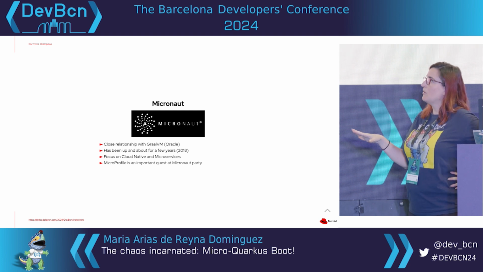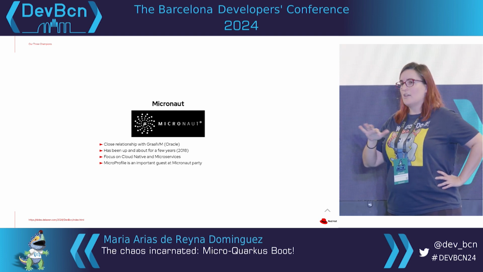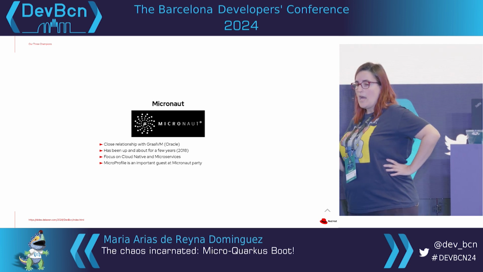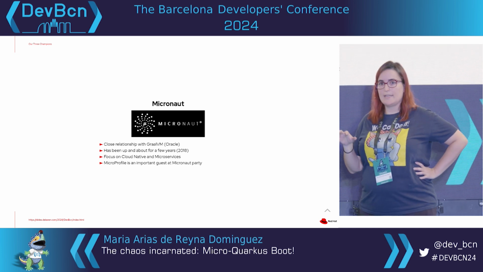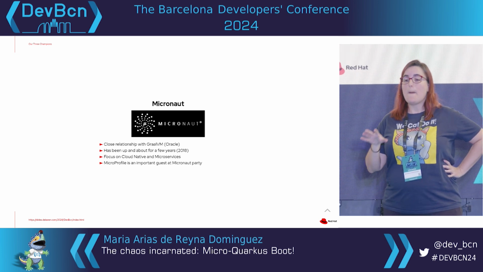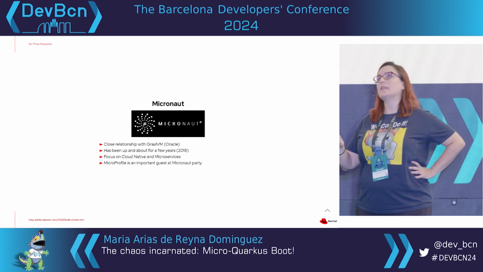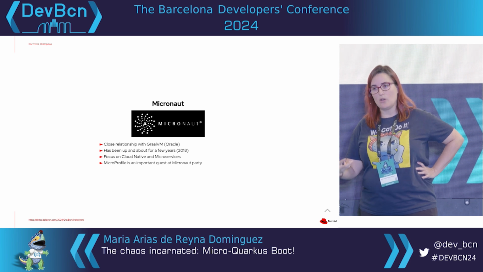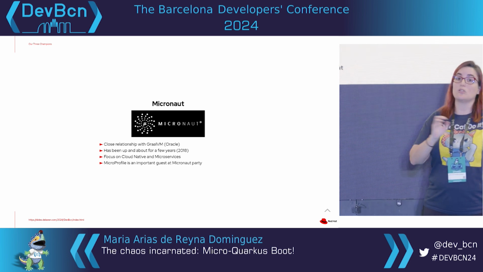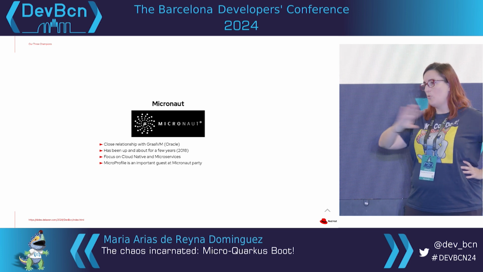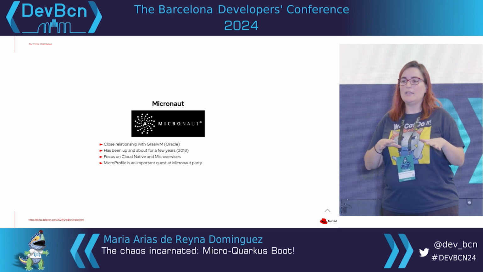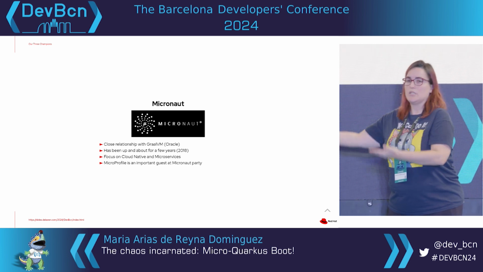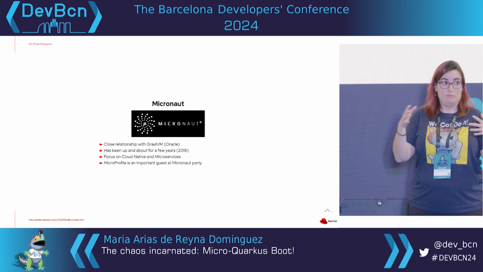What does this mean? Well, they started around the same time. MicroProfile is a couple of years older. And Micronaut has taken MicroProfile very seriously. But it's not 100% purist, which means if Micronaut wants to do something that MicroProfile does not support yet, they have no shame, no problem in creating their own extensions that implement whatever is missing, which is good.